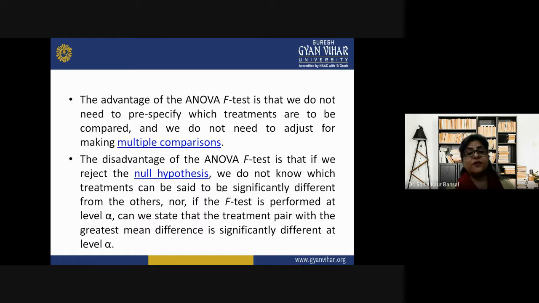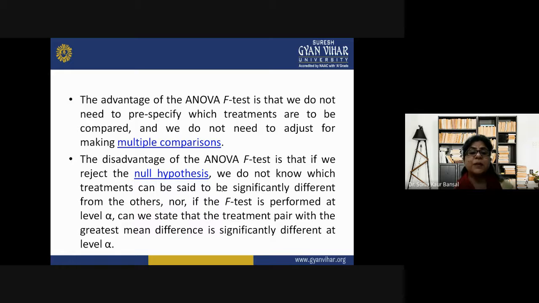Nor, if the F test is performed at level alpha, can we state that the treatment pair with the greatest mean difference is significantly different at level alpha. So this is something that you students must remember: with the F test we do not need to predefine which things we are going to compare and how it is going to be drawn as a result.